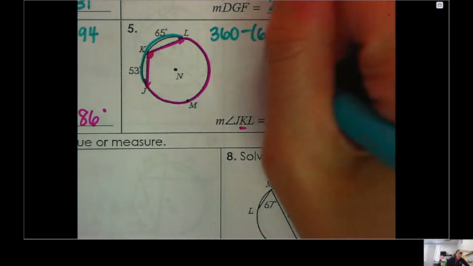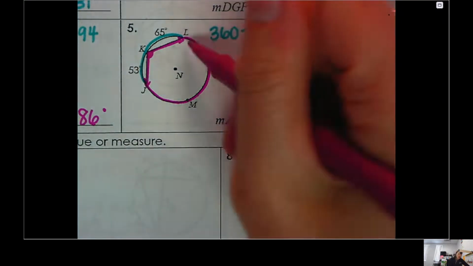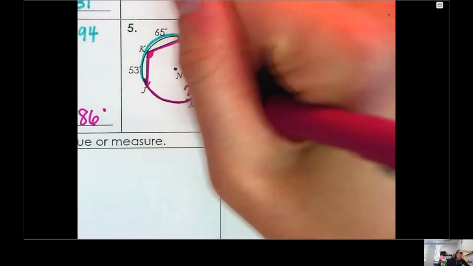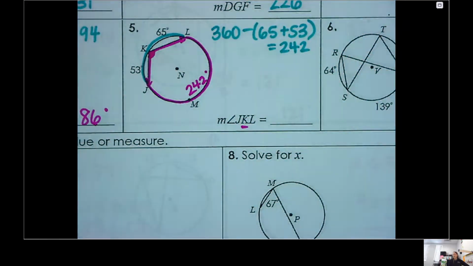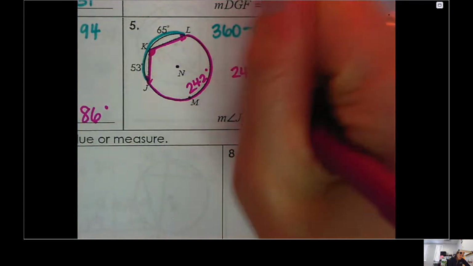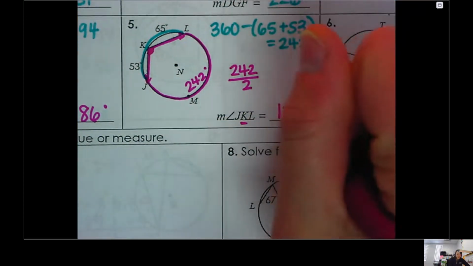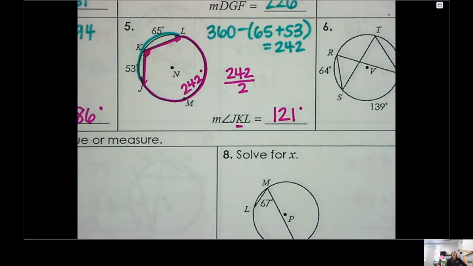Okay, so that's 242. So that means this arc is 242, but I still am trying to figure out the angle. So what do we do? Divide it by 2. Good. 121 degrees.